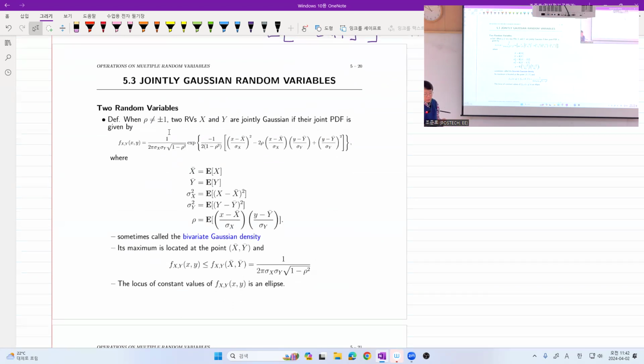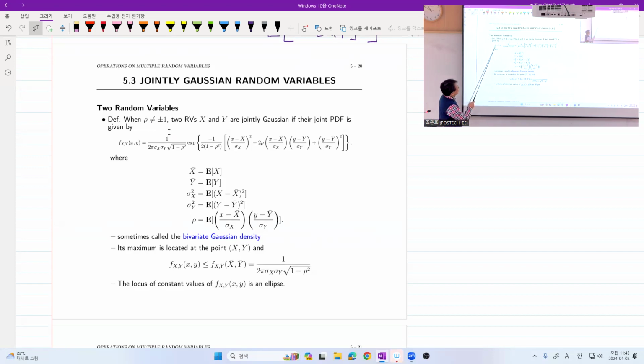And as our textbook shows progressively, we first consider two jointly distributed Gaussian random variables, X and Y. And probably most of you have seen this equation already. It may look a little bit different, but actually the same. See that?